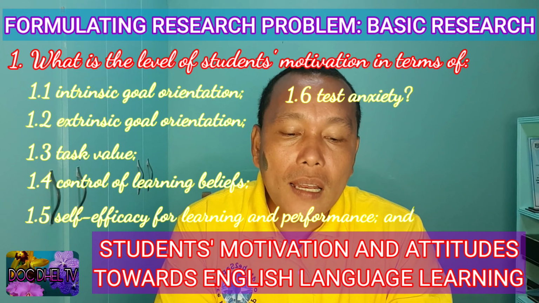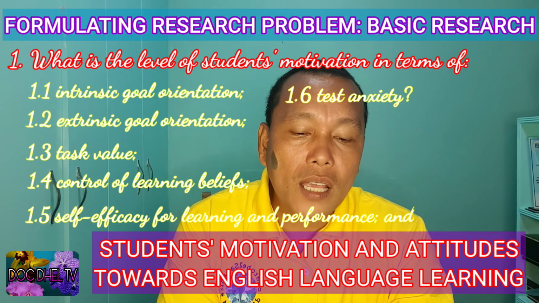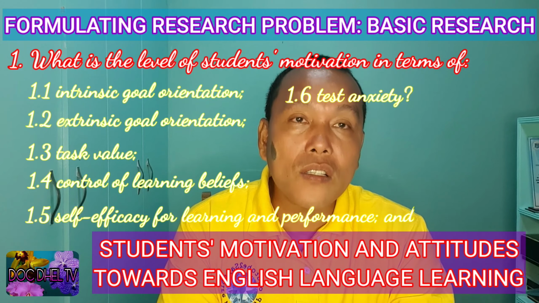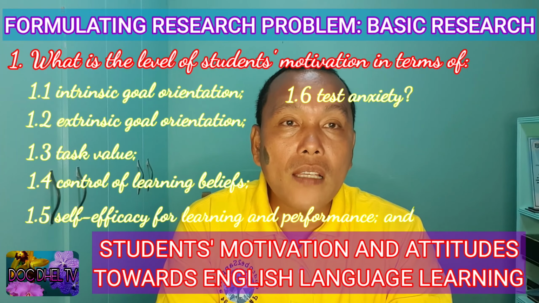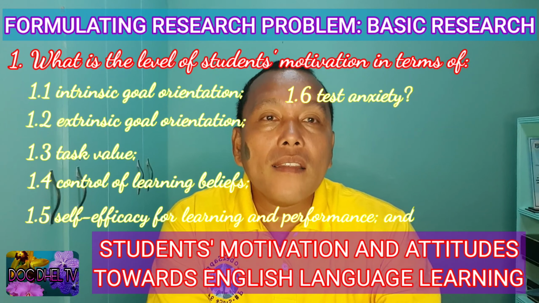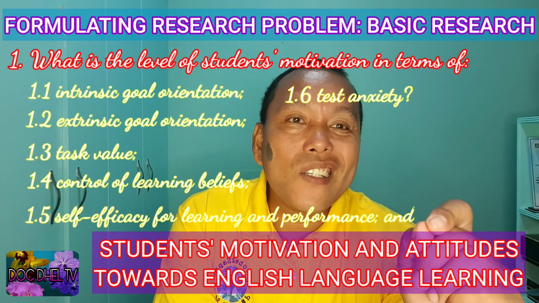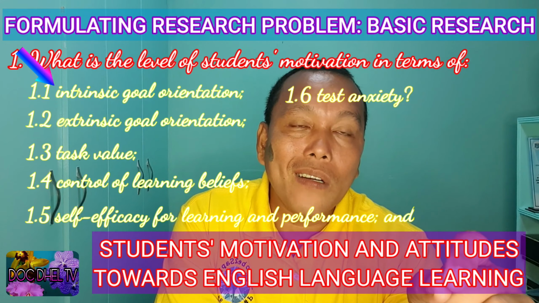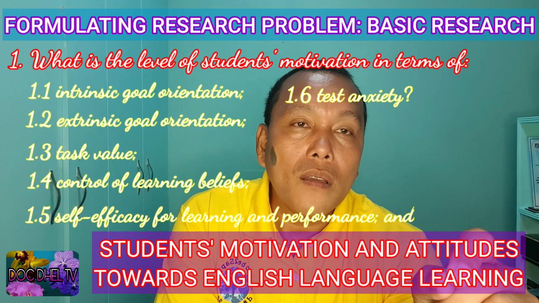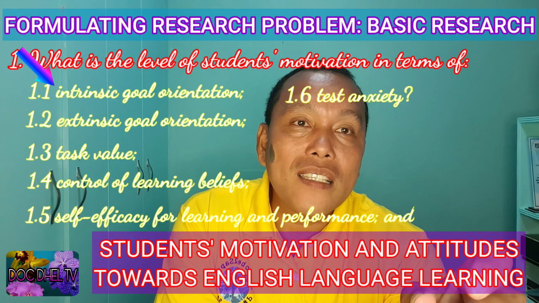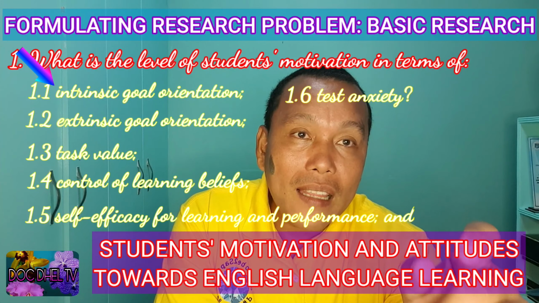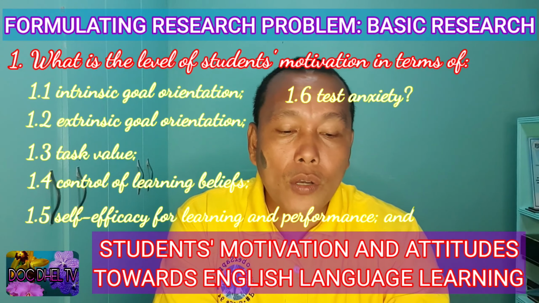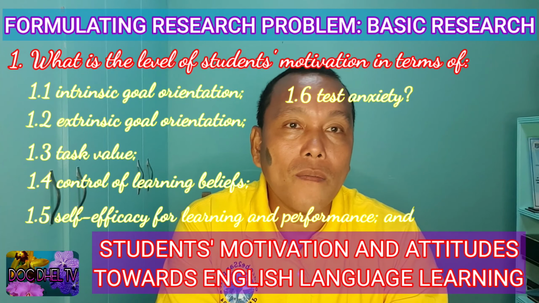So what is the level of students' motivation in terms of intrinsic goal orientation? The I in the word intrinsic should be in a small letter, since supposedly it is a continuation of the question.